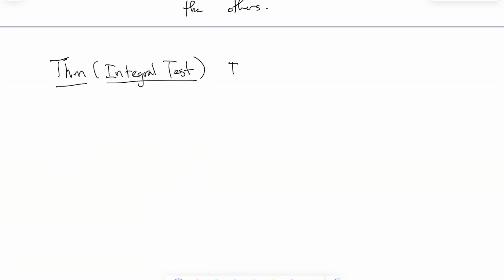So if f of x is increasing, decreasing, sorry, that's what I said. Decreasing, and specifically, it must be decreasing on the interval from 1 to infinity. I actually don't care if it's decreasing on the other side of the y-axis or whatever.